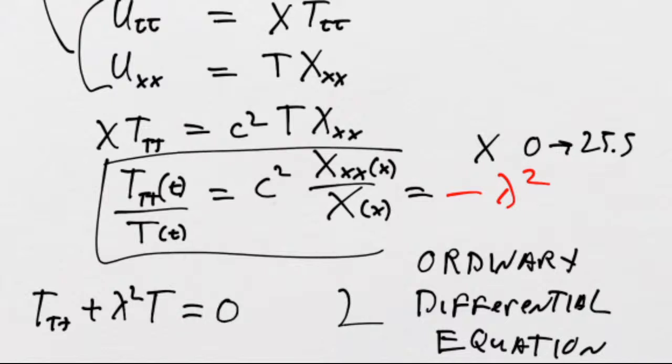And the other one is going to be X double prime plus lambda squared over c squared X equals 0.